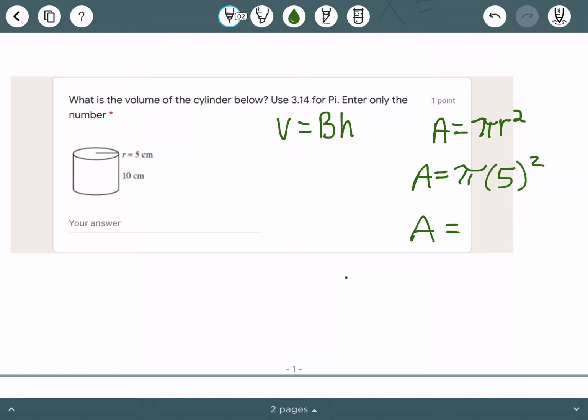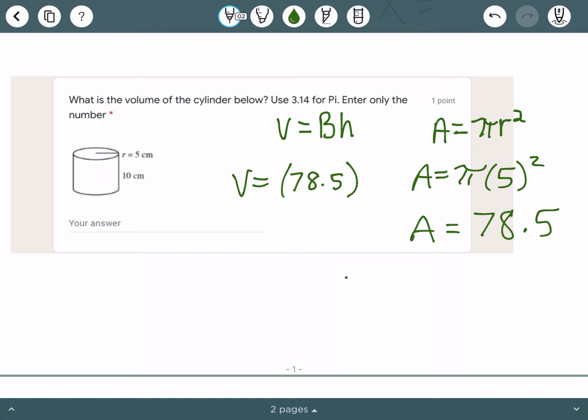So we will do 3.14 times 5, and then square that. For that area, we should get 78.5.